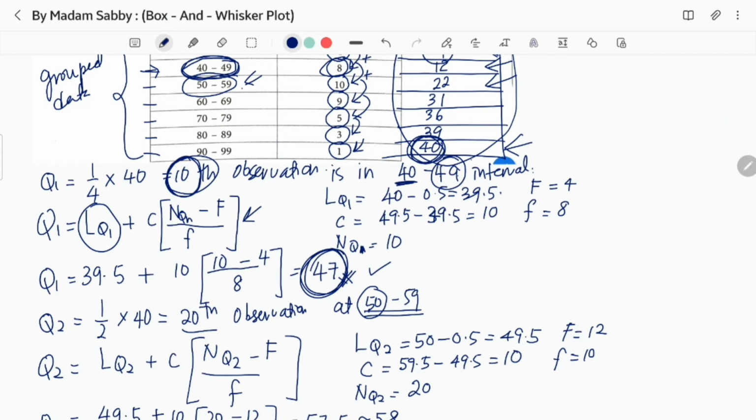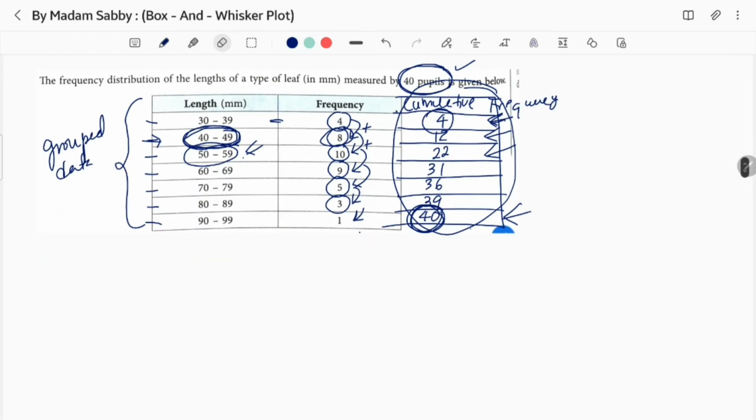Now let's proceed with the third piece of information, which is your third quartile. Your third quartile should be 3 quarters. Remember, the first quartile is a quarter of the observations, the median should be half of the total frequency, and the third quartile should be 3 quarters.